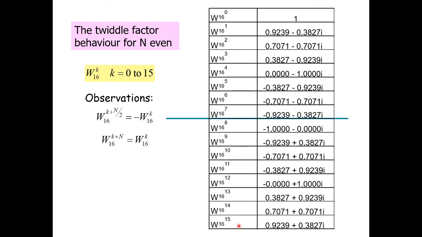And this is because of the periodicity property. So the first observation that we made, where we split the twiddle factors in half, is the symmetry property. And the twiddle factors repeating when you exceed the index of 16 is referred to as the periodicity property, where the twiddle factors just keep on repeating themselves.